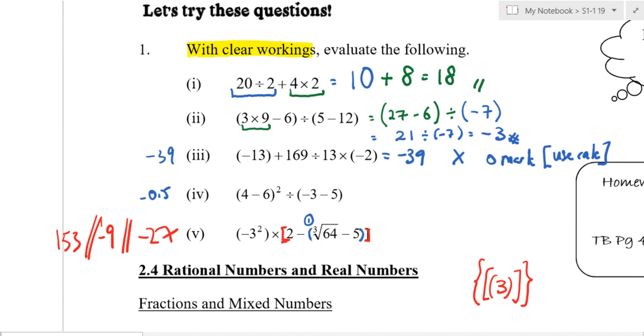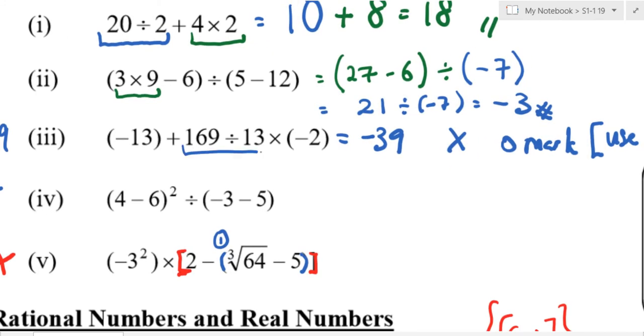No. Divide. So once I divide by 13, what do I get? Negative 13 plus 13 times negative 2. Am I correct? Okay, let me erase some of the things so it's easier for you to see.